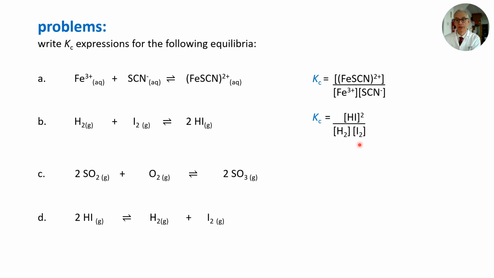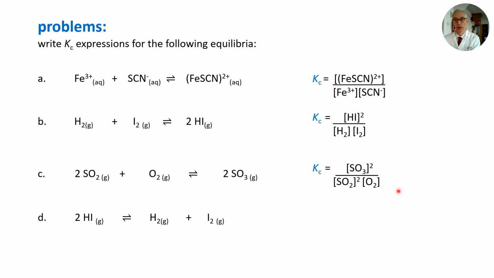But I'm going to reveal C. On the right-hand side we've got 2 moles of sulfur trioxide, so SO3 concentration raised to the power of 2, and then 2SO2 and O2 on the left-hand side, so SO2 raised to the power of 2, concentration of O2 on the bottom. So those are the 3 Kc expressions.